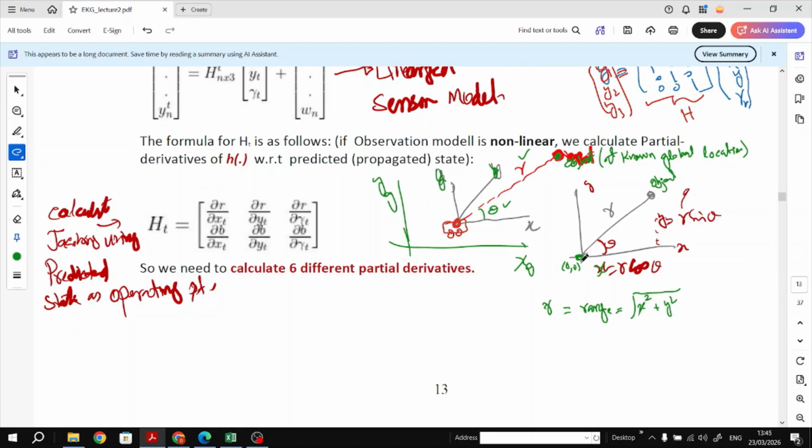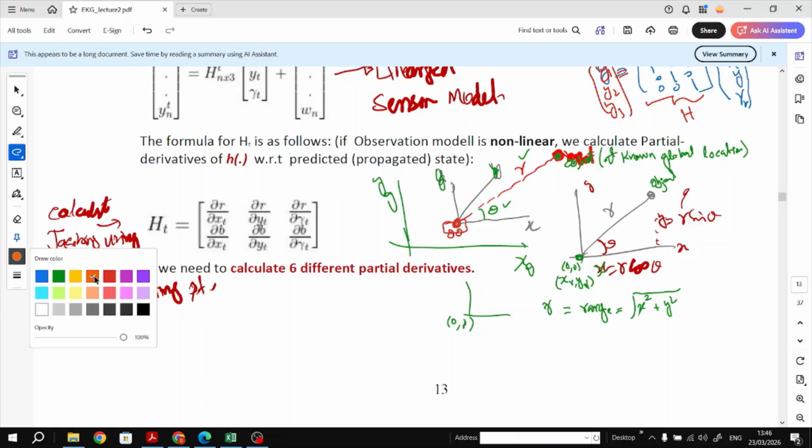In general, if it is non-zero, let's say we have the robot location at not 0 0. Let's say we have robot location at xr, yr. This is robot location in the global frame, and global frame is somewhere located here 0 0. So in that case, your range formula will be modified a little bit.